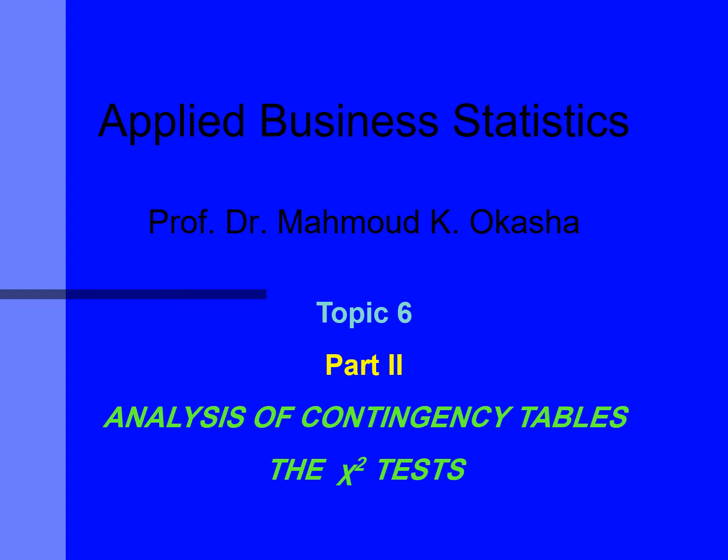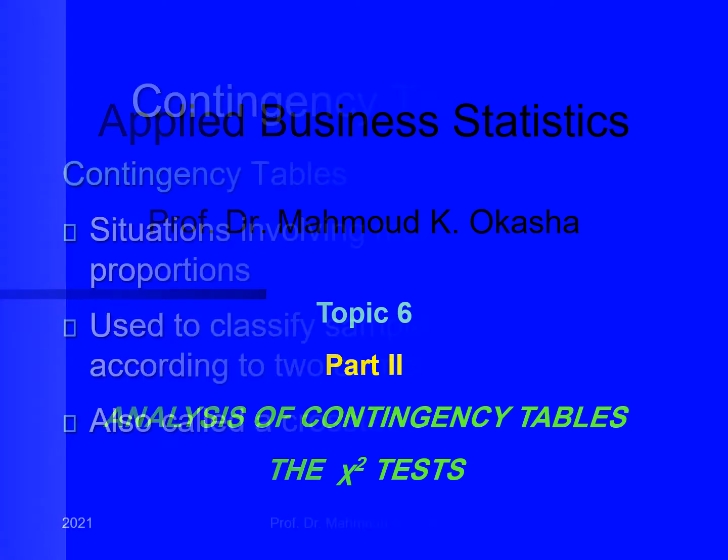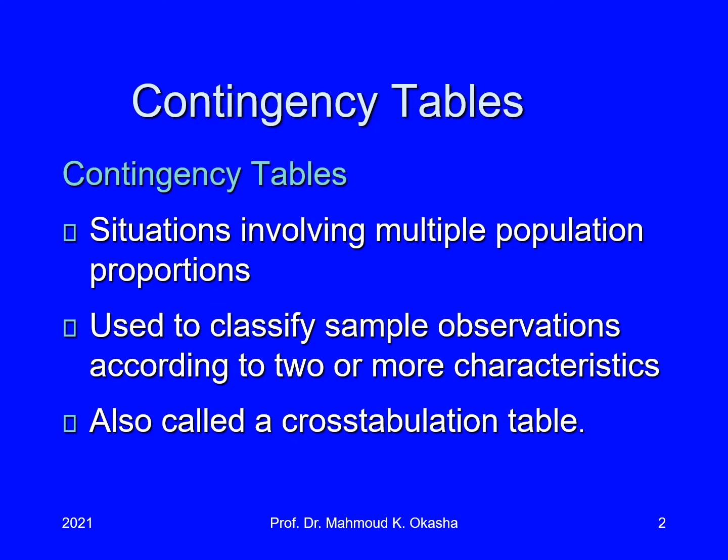In the last session, we concentrated on the analysis of goodness of fit test and stated that the analysis of contingency table is a special case of the analysis of goodness of fit tests. So in this session, we are going to concentrate on analysis of contingency table among the chi-square tests.